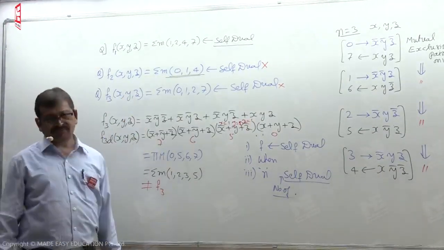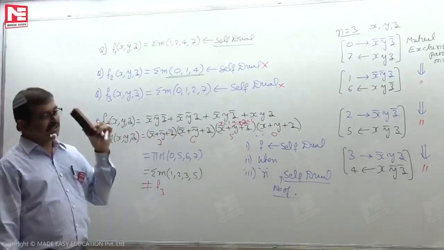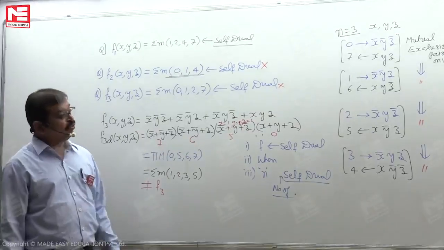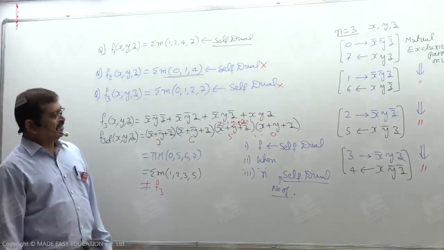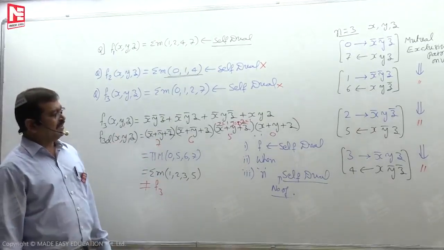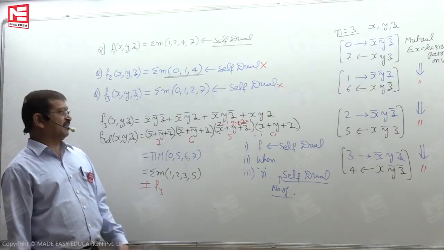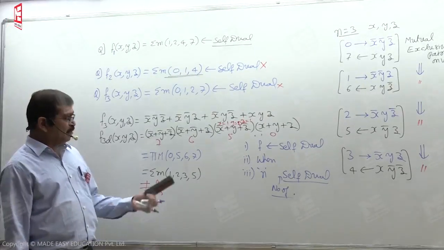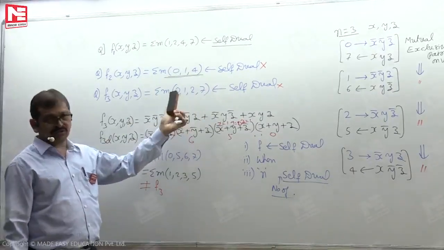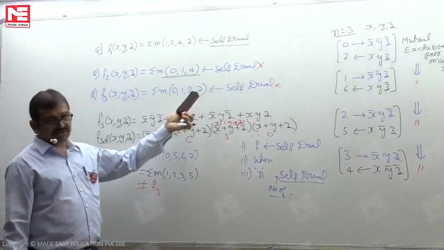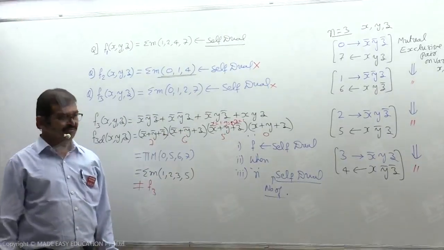It is a neutral function because the number of minterms is equal to the number of maxterms. But the second condition fails. The second condition is that no mutual exclusive terms are present. If mutual exclusive terms are present, then the function is not a self-real function. Here we have a mutual exclusive pair, 0 and 7. Because of this, it is not a self-real function.